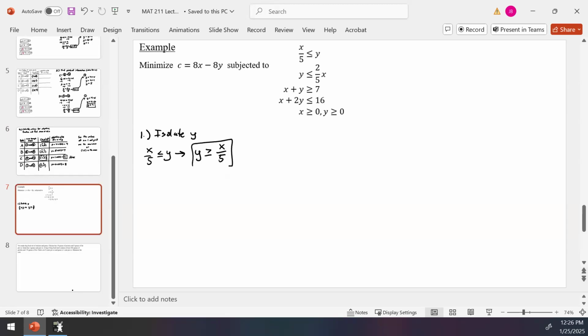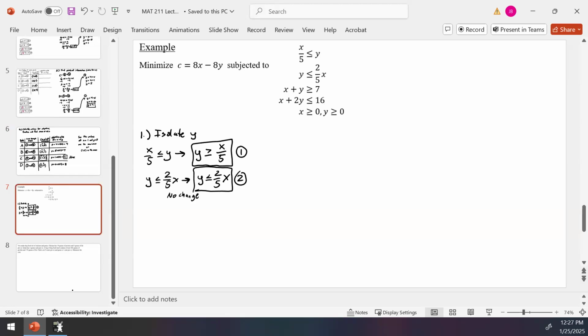So that's my first equation, equation number 1. Then I go to the next one. I don't have to make any modifications. So y less than or equal to 2/5 x. Well, no modifications necessary. So no change.